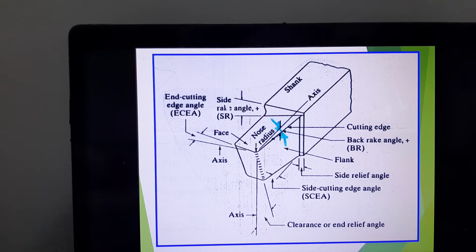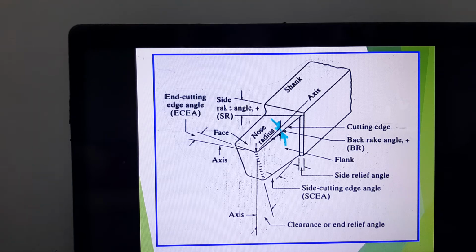What are the major angles? You see there is back rake angle, side relief angle, side cutting edge angle, side rake angle, and end cutting edge angle. Each and every angle here has a function. If you're going to cut iron, the angles will vary. Your back rake angle will be a specific angle.